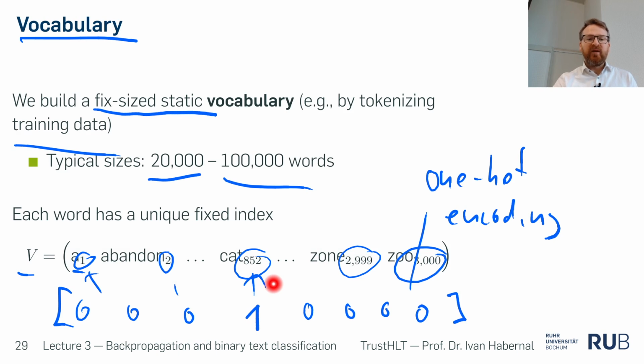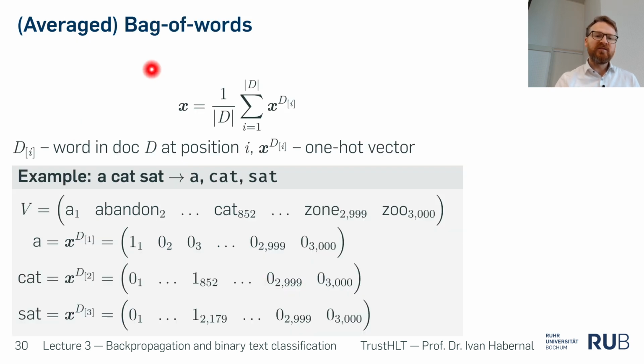What we end up with is the bag of words or average bag of words. Here's a very fancy formula for this stuff, which is somehow clear. Let's have a sentence: a cat said. Very stupid sentence, but it is an example. As I said, we can represent each word as a one-hot encoding from the vocabulary. What is A?